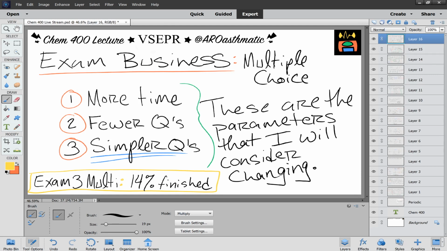Multiple choice will totally be hosted by Canvas.